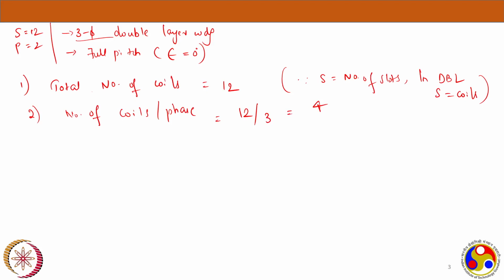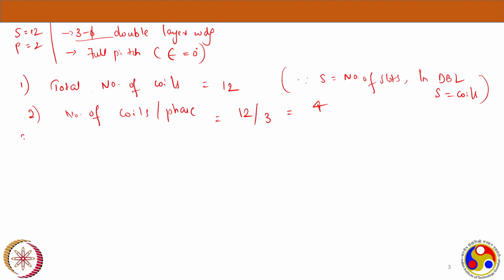We have R, Y, B. Under each phase, I should place 4 coils. We will clearly see that in the further pictures. But from the numbers we have, R should have 4, Y should have 4, and B should have 4.